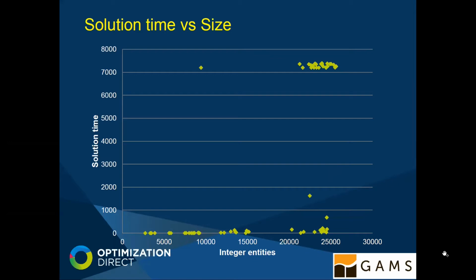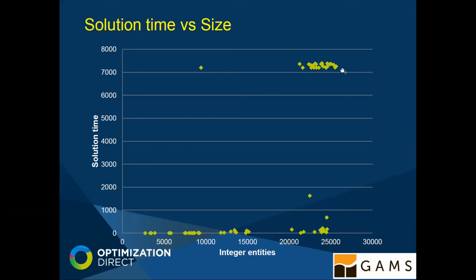What we can see here is that when the models are fairly small, they solve quite quickly. By and large, they don't take long at all. And then when the models get to a particular size, the solution times start shooting right up. Now, what I did for the purposes of preparing this slide was to impose a 2-hour time limit on each solve.